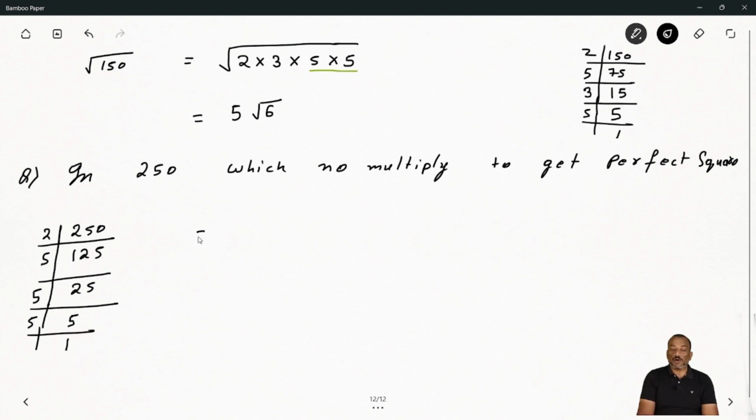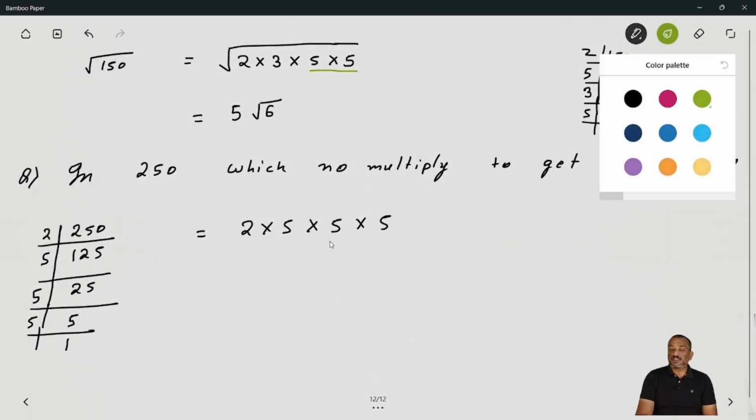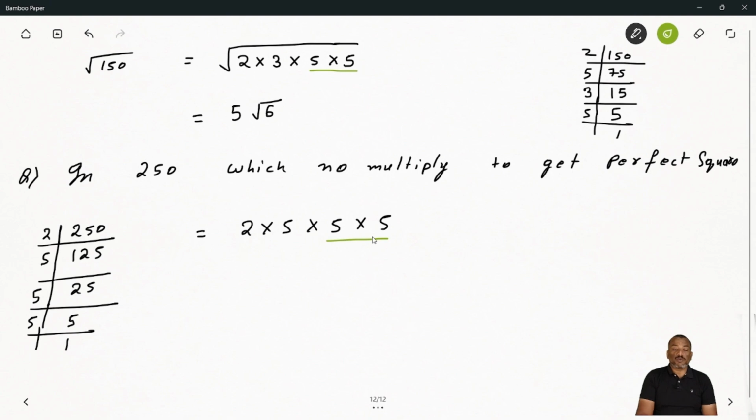You can write all its factors: 2 times 5 times 5 times 5. Now here you have to look carefully. It is saying by which number we can multiply so we will get a perfect square. Here you can see these two 5s are in a pair, but what are the numbers not in a pair? You can say this 5 and this 2 are not in a pair.